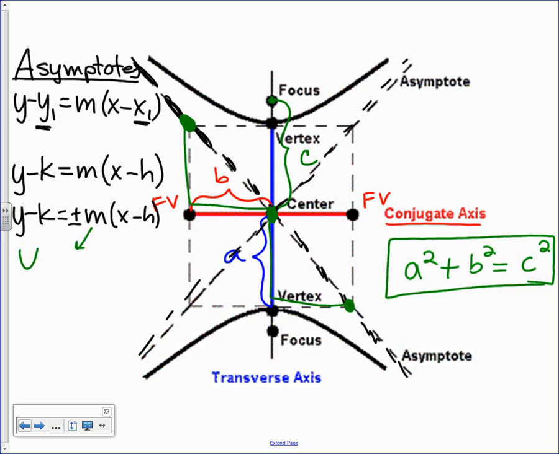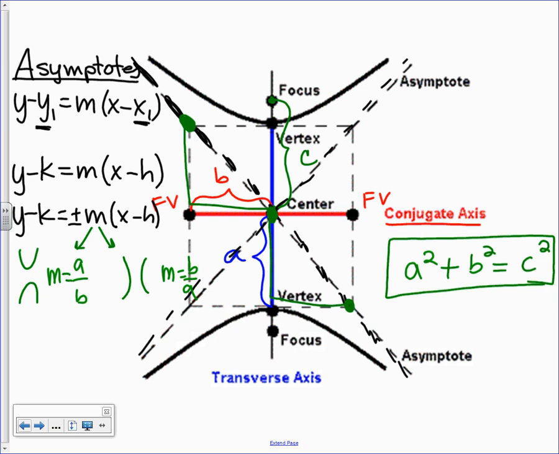If my graph opens like this, my slope is A over B. If my graph ends up opening like this, then my slope is going to be B divided by A. And we'll get into that a little bit more as we progress.